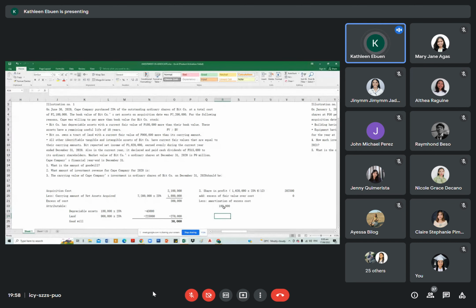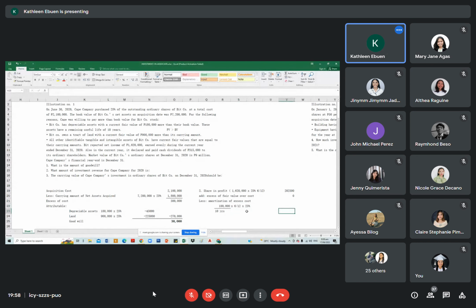Okay, useful life of 10 years. And then, dahil binili natin yung net assets ng June 30, i-multiply pa natin to 6/12. Okay. And then, multiply to 25%.